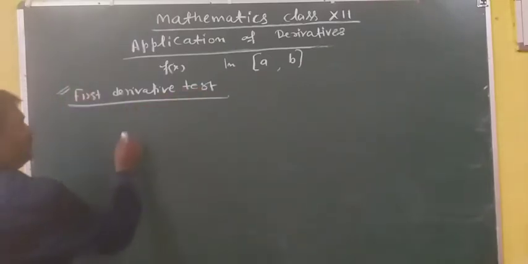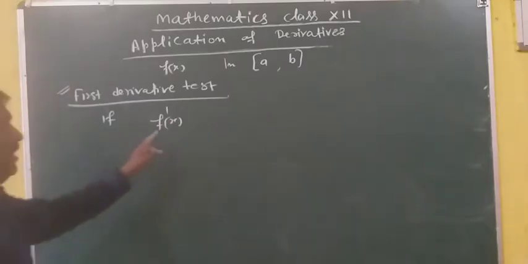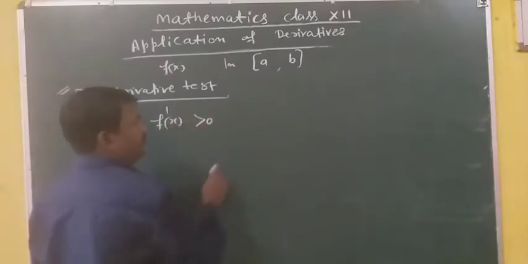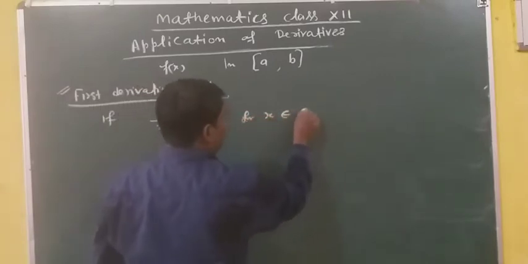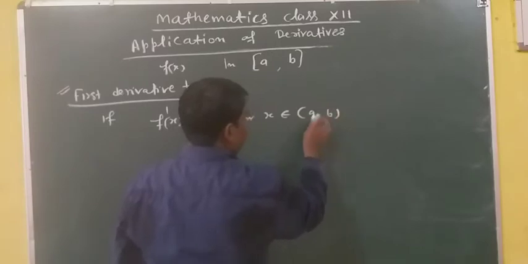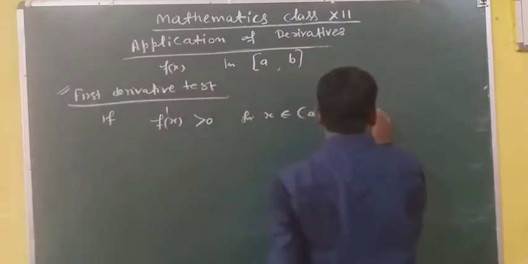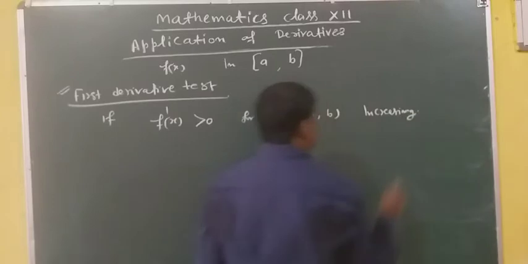Find the first derivative, that is f dash x. If f dash x is greater than 0 for all x belonging to (a, b), then we call it an increasing function.